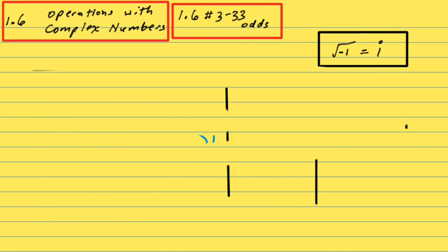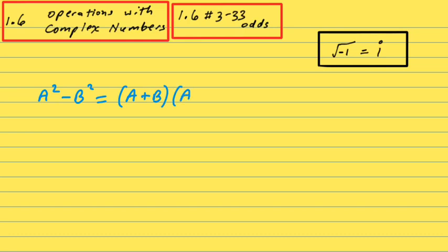Now with complex numbers, you have something called the complex conjugates. First, your main conjugates: a squared minus b squared will factor into a plus b times a minus b. These again are called conjugates.